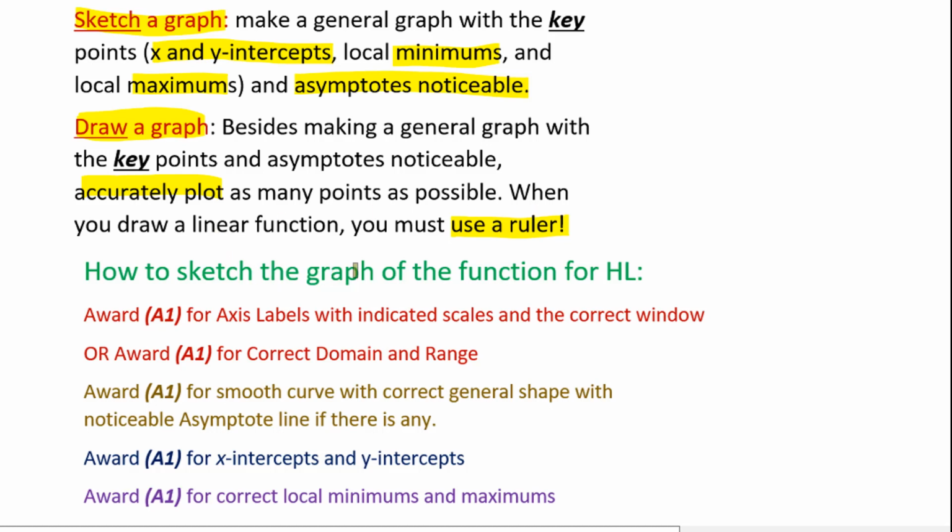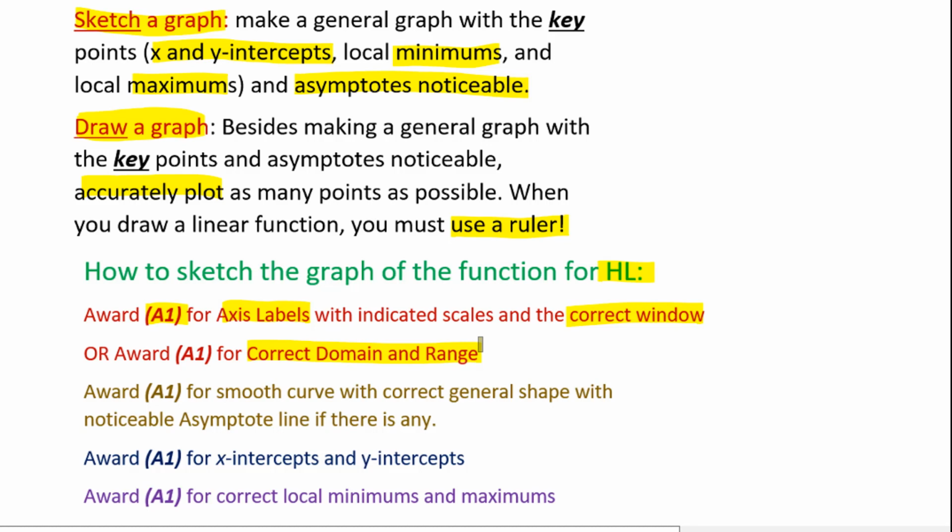How to sketch the graph of a function for HL level? Normally, there are 4 marks for sketching a graph. The first mark is for x and y axes labeled with the indicated scales and the correct window. Sometimes the first mark is for correct domain and range.